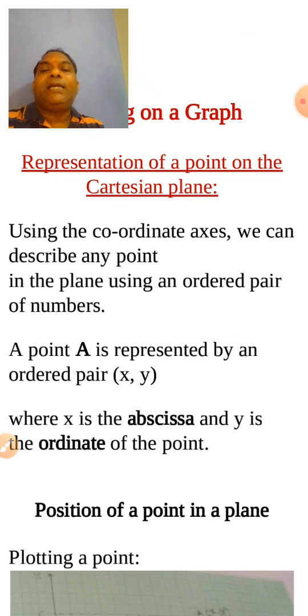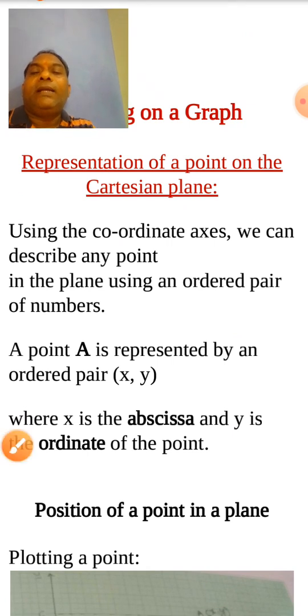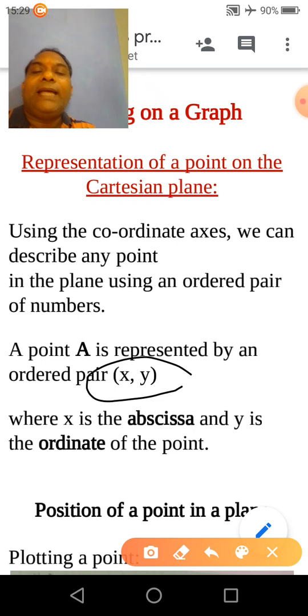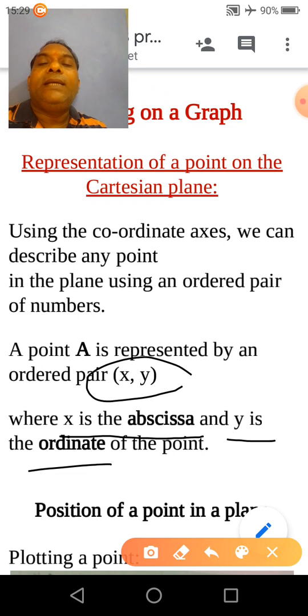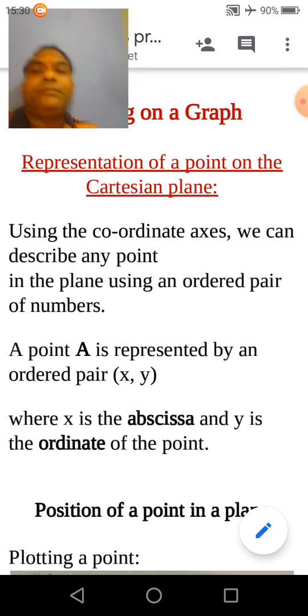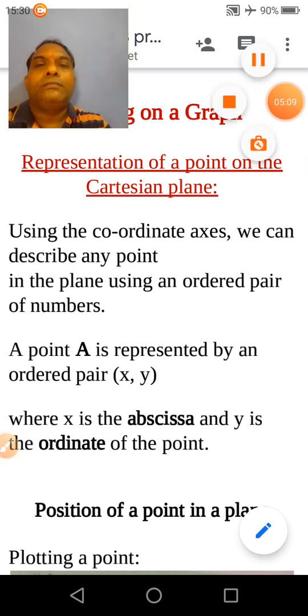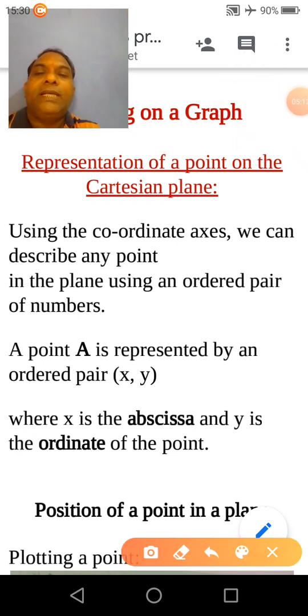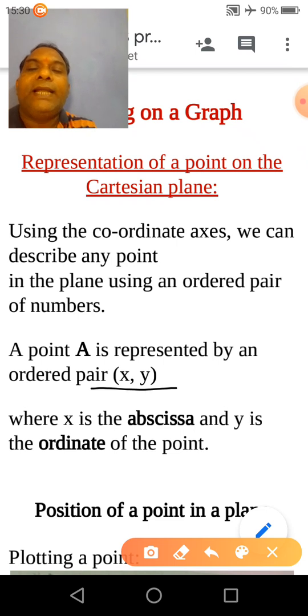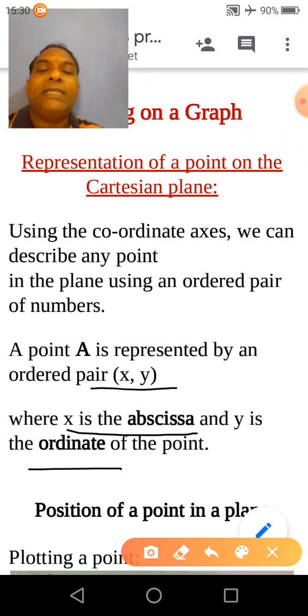A point A is represented by an ordered pair (x, y), where x is the abscissa and y is the ordinate. X is known as abscissa and y is known as ordinate of the point.